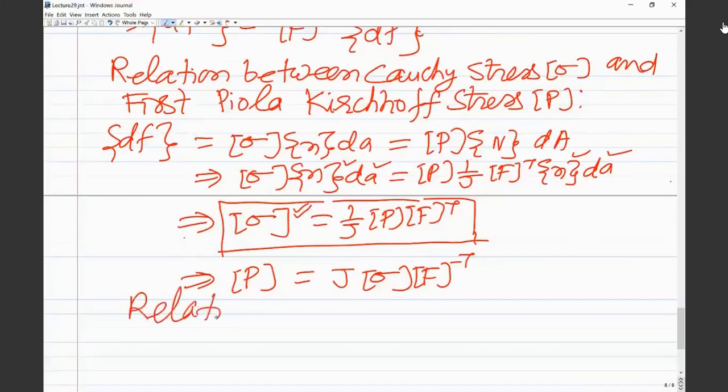Now let us look at the relation between sigma, that is Cauchy stress, and the second Piola-Kirchhoff stress tensor.